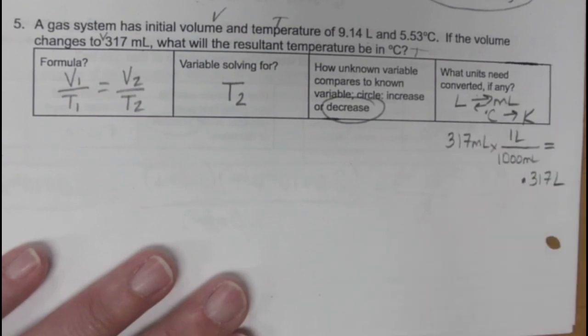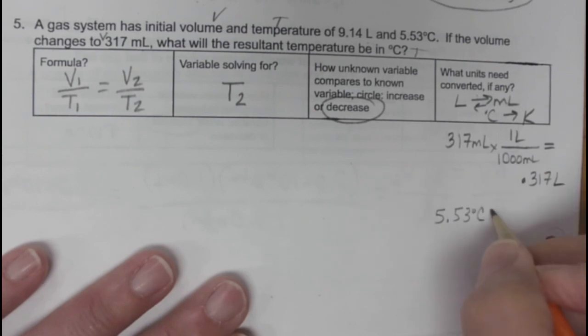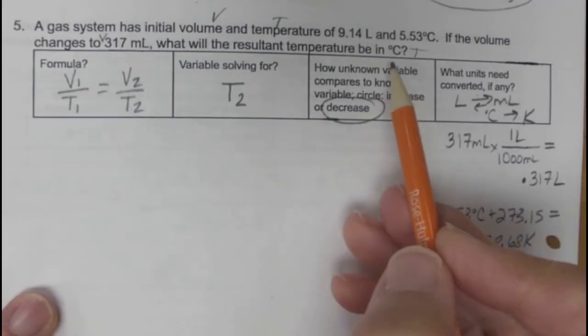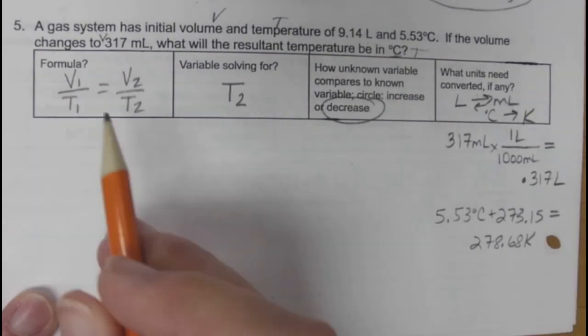The other conversion I need to do is for temperature. So 5.53 degrees Celsius plus 273.15 equals 278.68 Kelvin. They do ask for the final answer in Celsius, but we have to have it in Kelvin to use the equation.